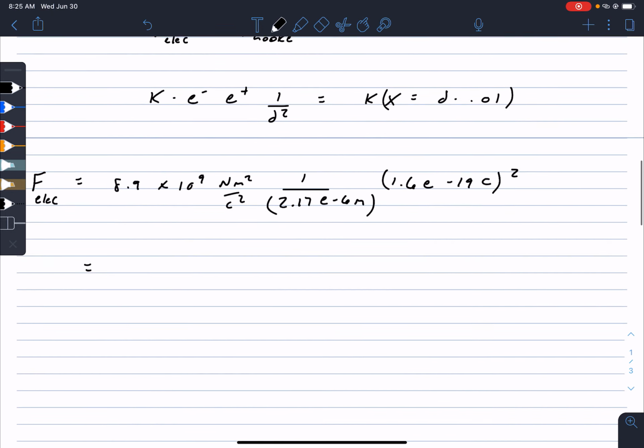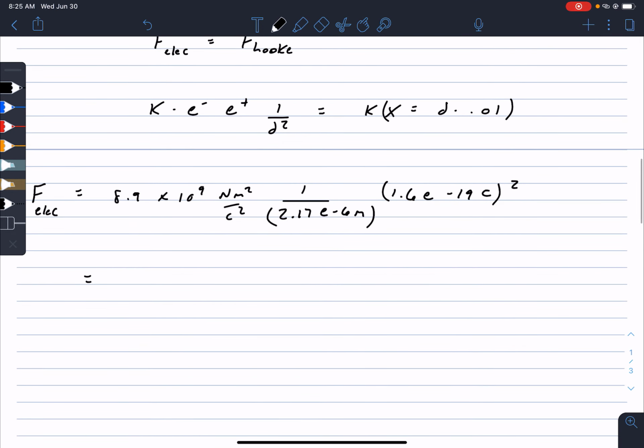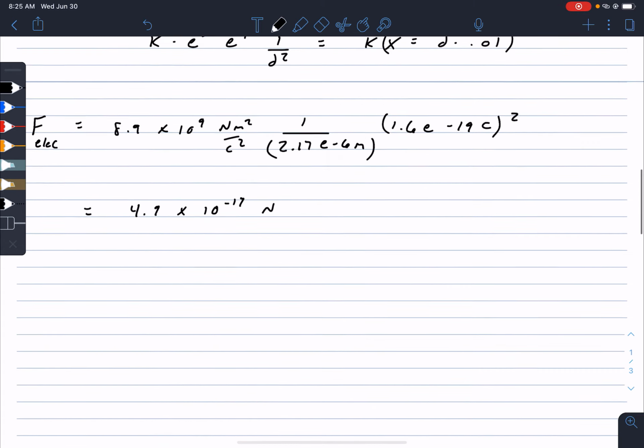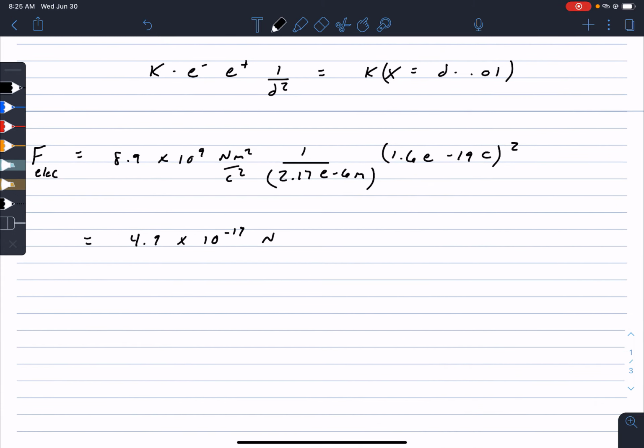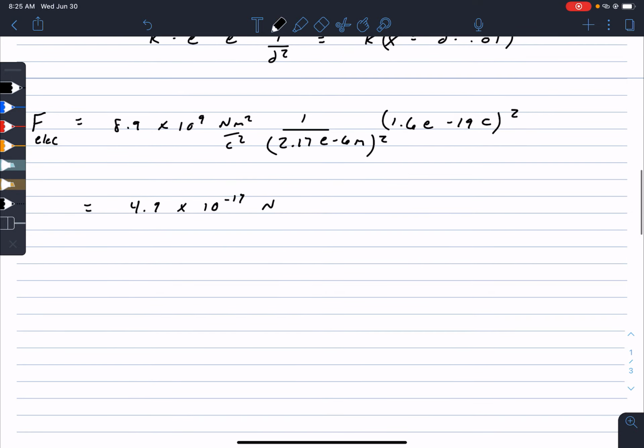Let me just make sure I wrote everything down correctly. Yeah, this is going to give us about 4.9 times 10 to the negative 17 newtons. This is also squared, so that's what I did. I did miss the square, so make sure that you square the distance in your force. Okay, so that's the electric force.